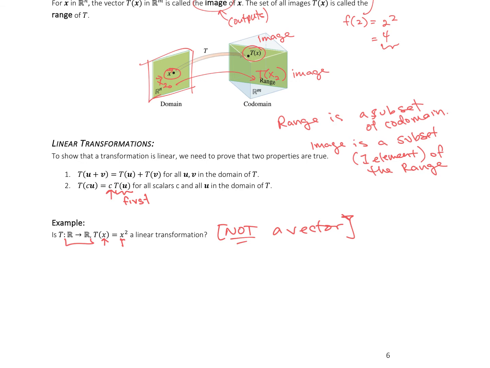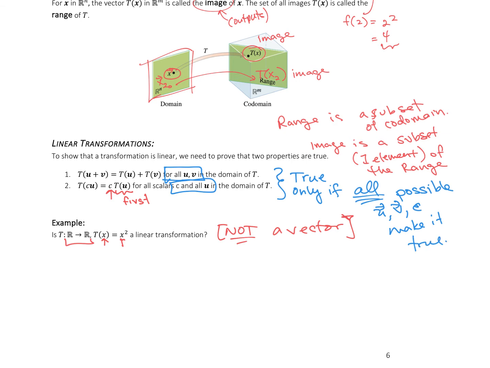Up here you said for all u and v in that domain, and for all scalars and all u, which means that in order to prove this is true, all possible u's, v's, and c's must make it true.